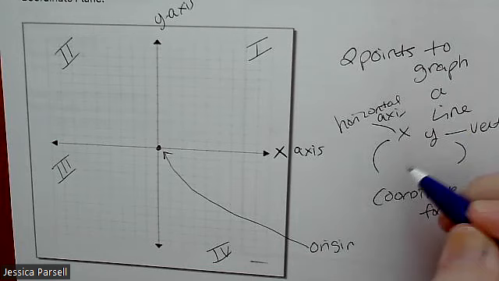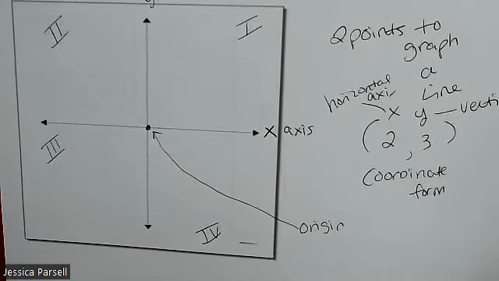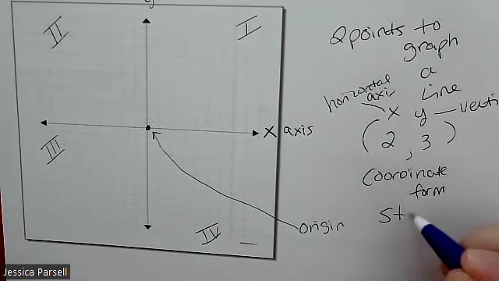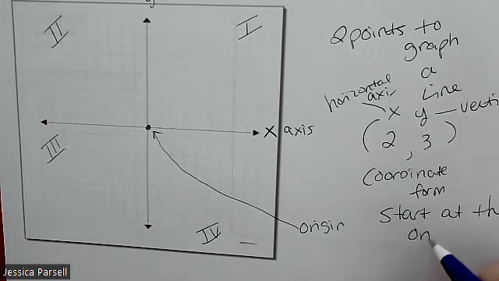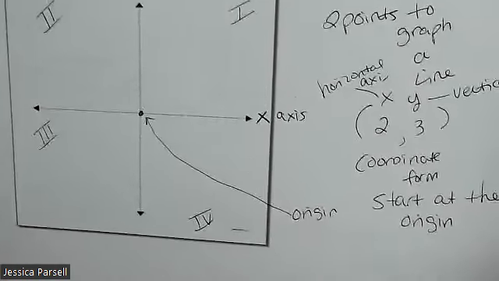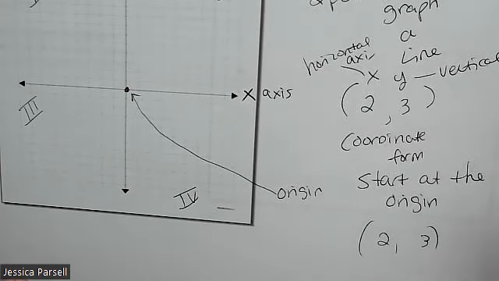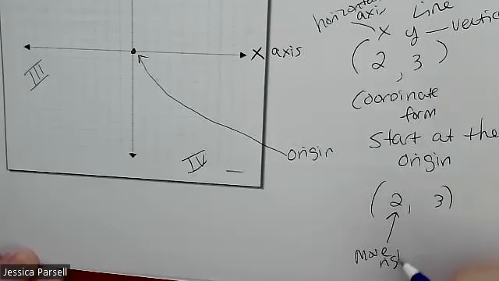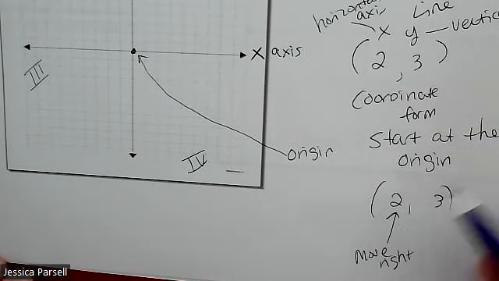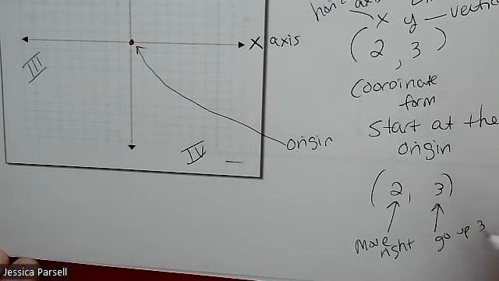All right, so I'm going to plot the point 2, 3. Okay, so how do you plot the point? You always start at the origin. All right, we're going to start at the origin. Then, if we're going to plot 2, 3, we're going to move right 2 places. Then we're going to go up 3 places.